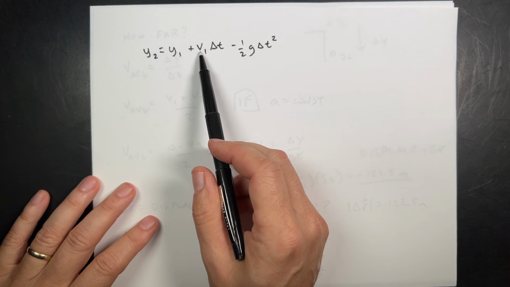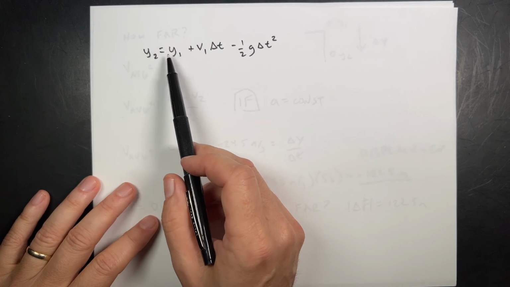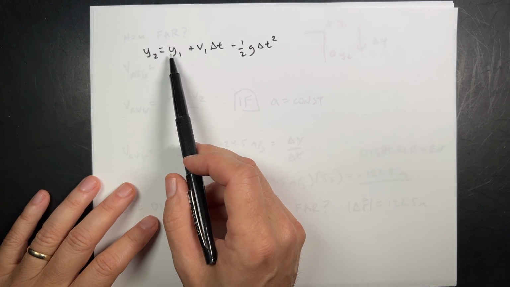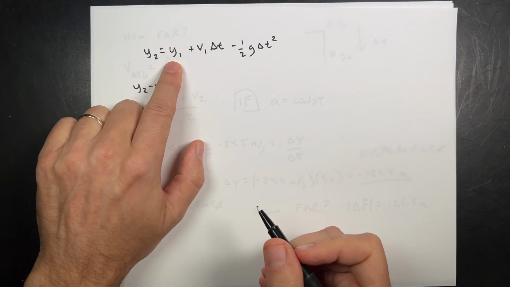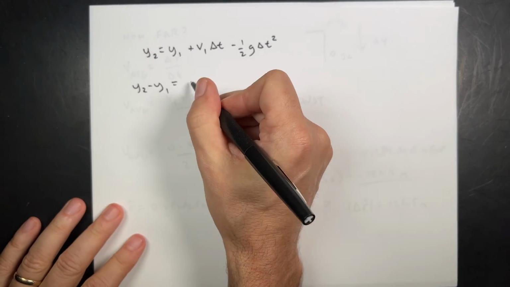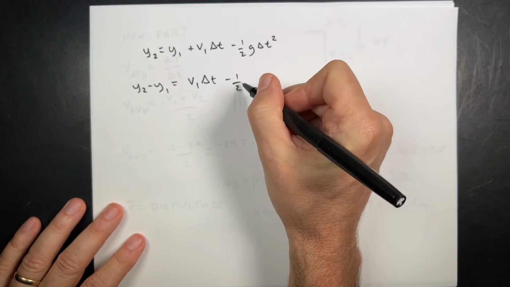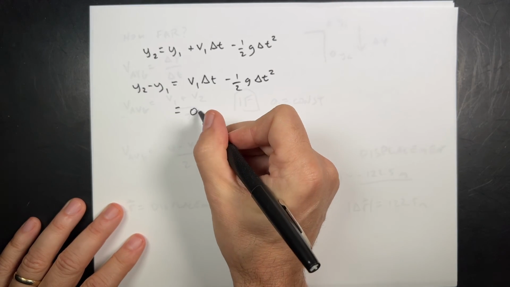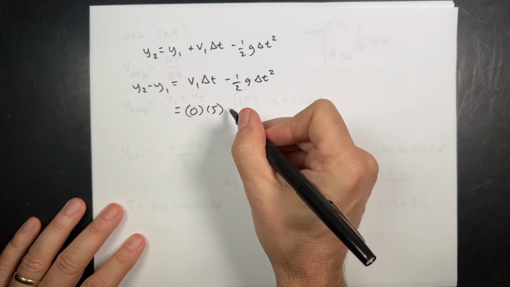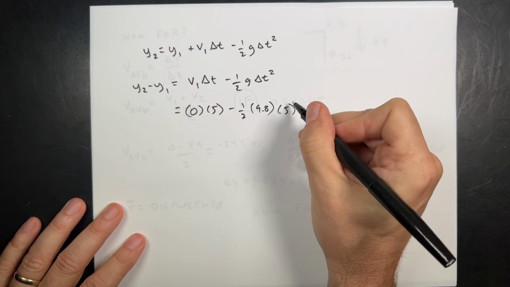So we know the initial velocity, we know g, we know t. We want to find y2 minus y1. If I subtract y1 from both sides, this just becomes v1 delta t minus 1/2 g delta t squared. Let's put in our values. v1 is 0 times 5, minus 1/2 times 9.8 times 5 squared.